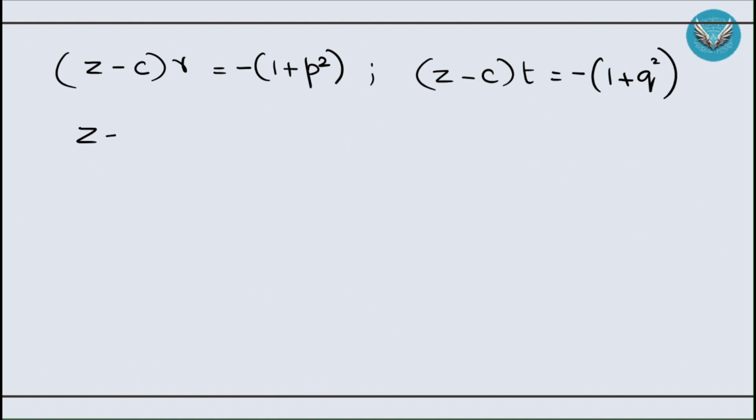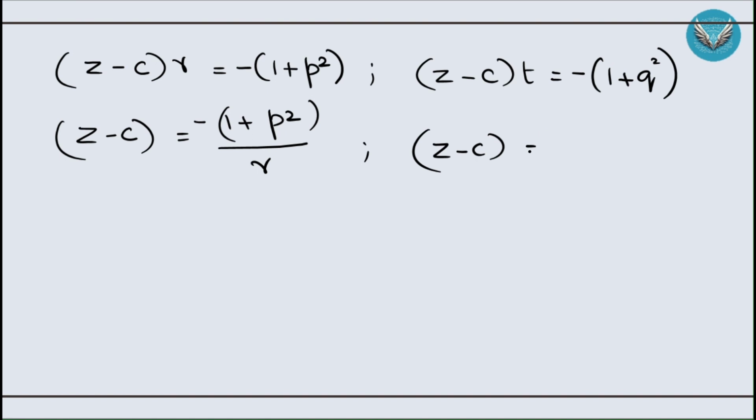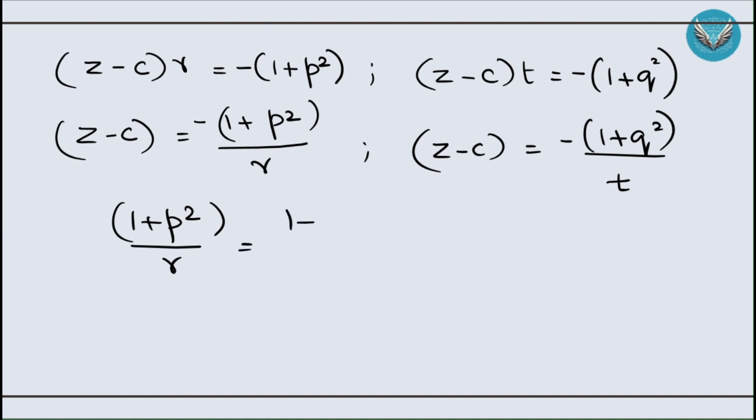So z minus c is equal to (1 plus p square) divided by r, and z minus c is equal to (1 plus q square) divided by t. Now equating both, (1 plus p square) by r is equal to (1 plus q square) by t.